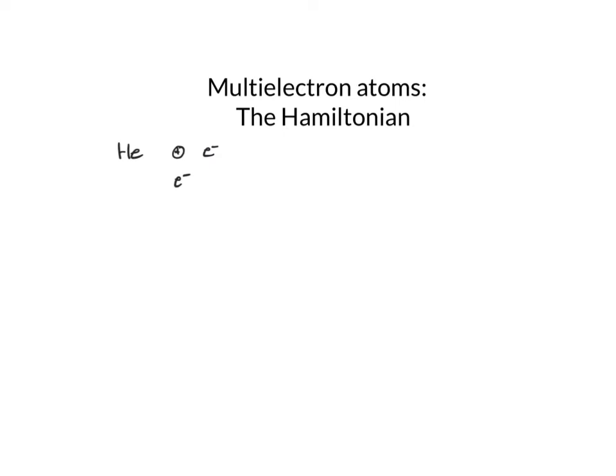So in the helium atom, where we have a nucleus that is charged 2+, and we have 2 electrons, we have several forces that we have to take account of. So our potential energy is going to be involved with the attractive potential energy between electron 1 and the nucleus, the attractive potential energy between electron 2 and the nucleus, and then we also have a repulsive Coulomb potential between the 2 electrons.